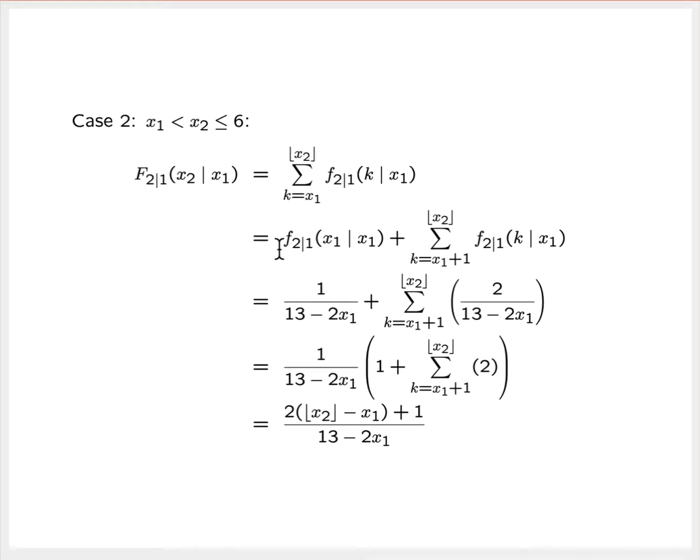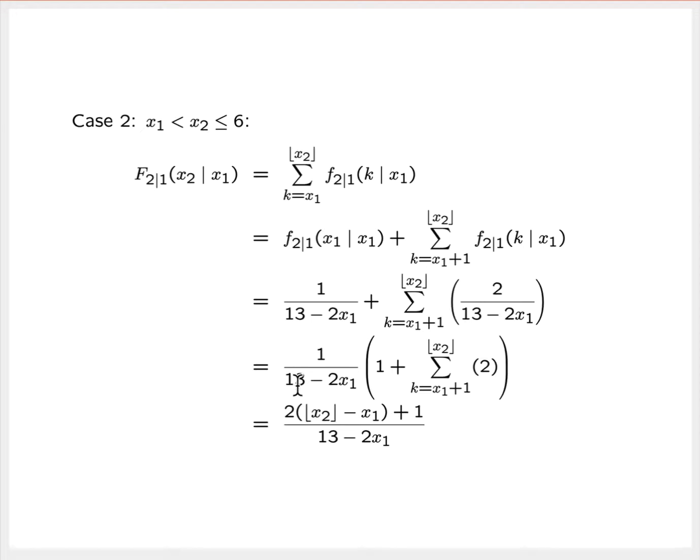Now, the conditional PMF of x2 given x1, when x2 is equal to x1, that's 1 over 13 minus 2 times x1. And then, when k is strictly greater than x1, this conditional PMF evaluates to 2 over 13 minus 2 times x1.